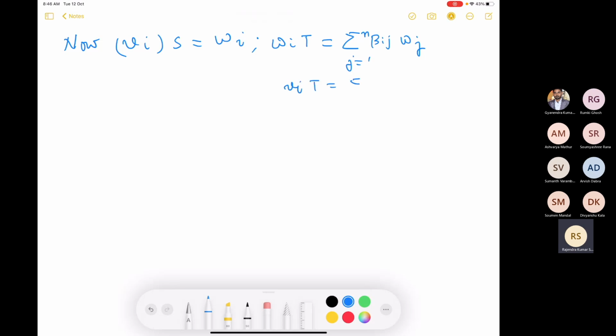V_i T is also, we know, the sum of alpha_ij V_j, j equal to 1 to n, from the earlier page. So this is what we have now.